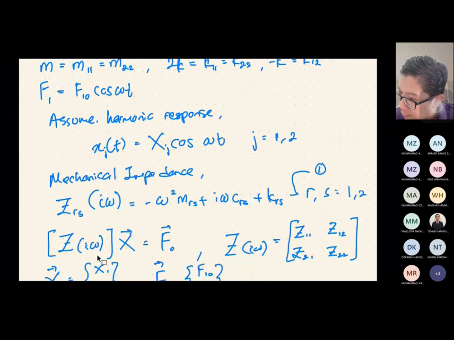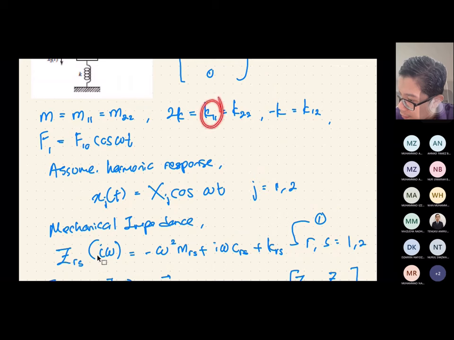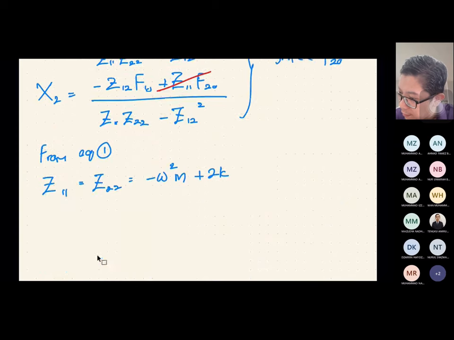Kan tadi kita ada negative omega squared m dengan k kan. So k kat sini k11 and k22. So k11 and k22 is equals to k.